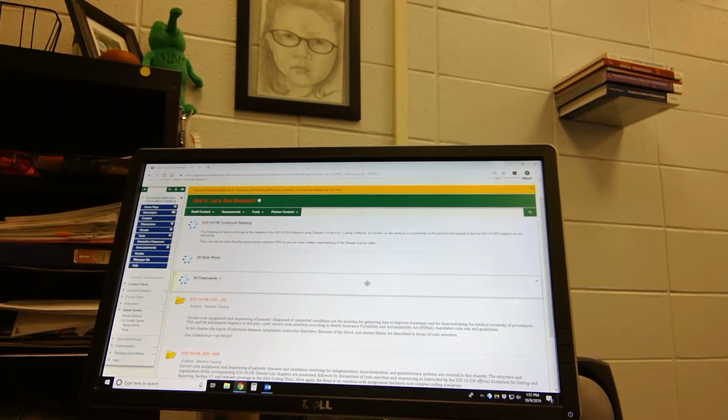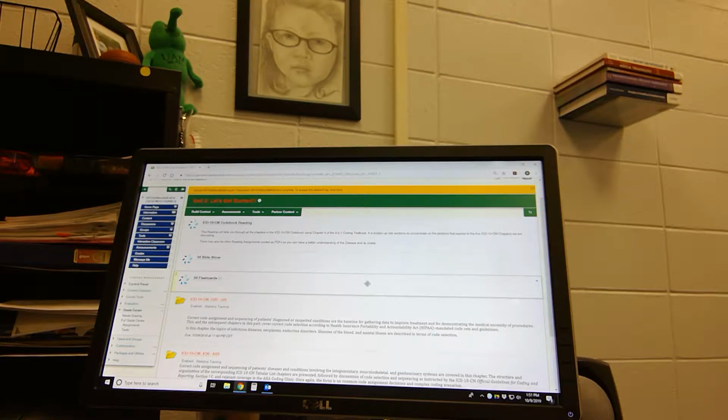I might put some more PDFs in there if I get permission from the publisher of the book that we were going to use that we could never get connected to through Cengage. The Understanding ICD-10-CM and ICD-10-PCS Coding work text, Cengage could never, for some reason, connect us with that.